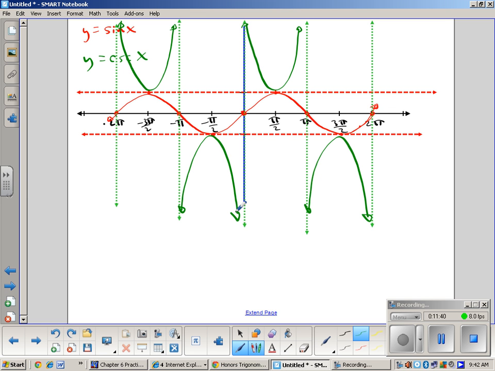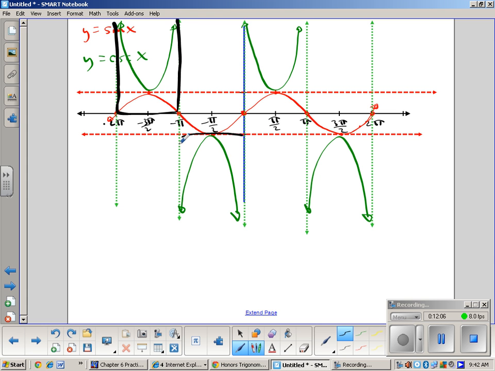Now, first of all, let's look back. What's the period of this cosecant graph? 2 pi, isn't it? If I just look at this little bit right here, this parabola is only covering half of the values.